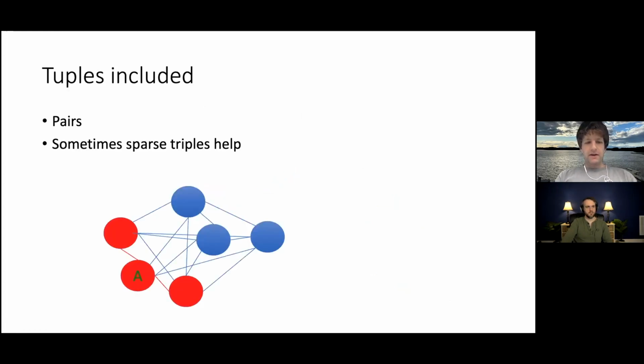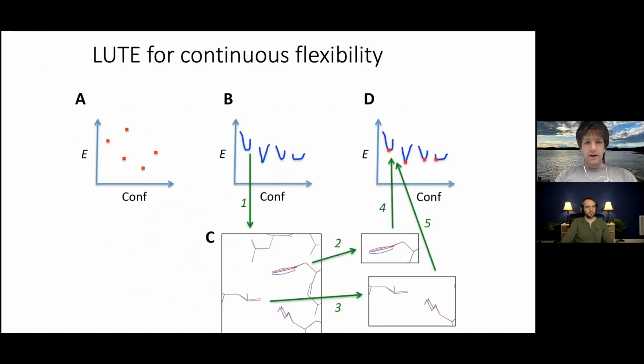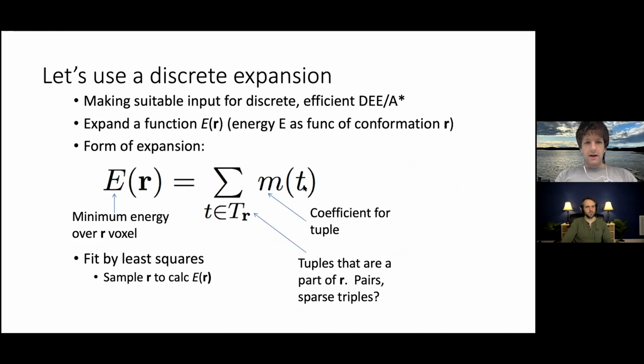Given that, you can use some pairs and some cross triples as your features. If your model looks like this, with some of the tuples you see in R and the coefficients for them, and of course, if one of the coefficients you've identified as bad is there, then you just quantitatively estimate the energy, and you can exclude that from your search.